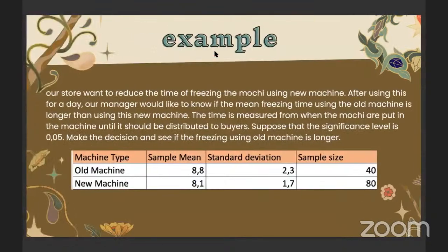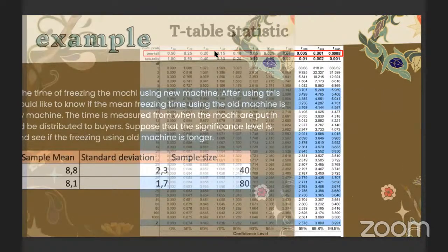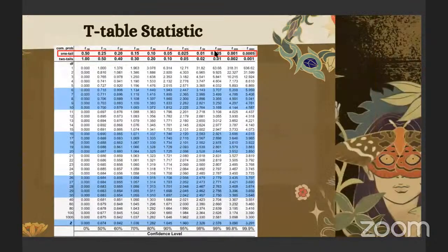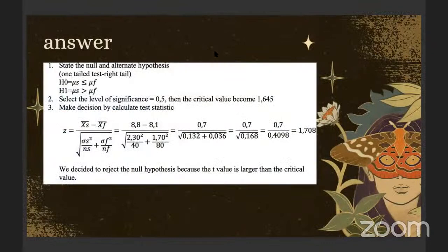Suppose that the significance level is 0.05, then we should look in the two-tails part and find 0.05. Below it we should see that z equals 1.960, or the confidence level is 95%.